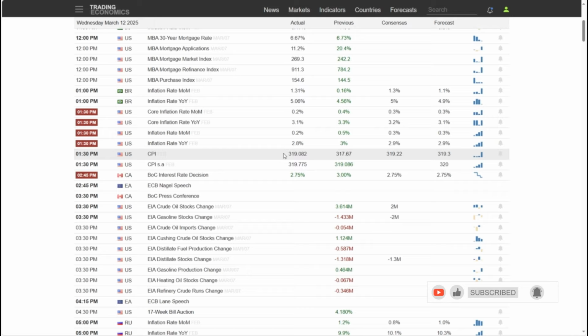At the same time, a little bit later on, the Bank of Canada, the central bank, decided to cut its bank rate by a quarter of a percentage point, from 3% to 2.75%.